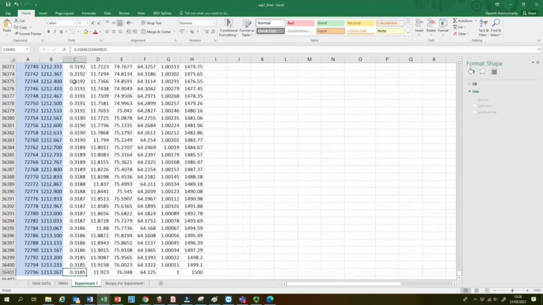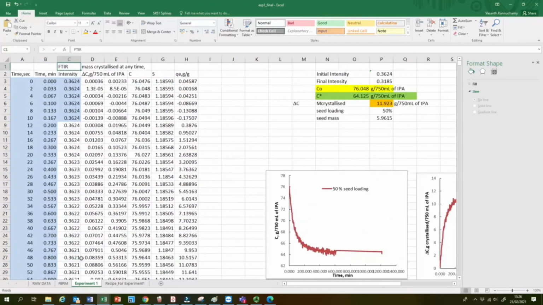If we come to the end of the experiment, this is your final intensity value, 0.3185. So from that I calculated the mass that we can crystallize. Okay, this column is not necessary, I can delete it.